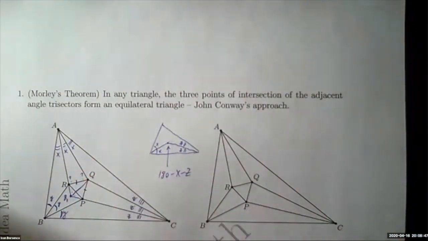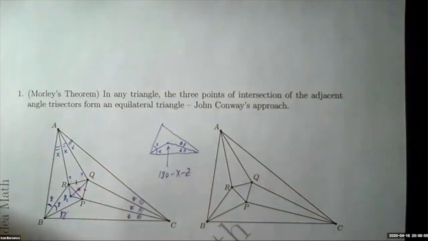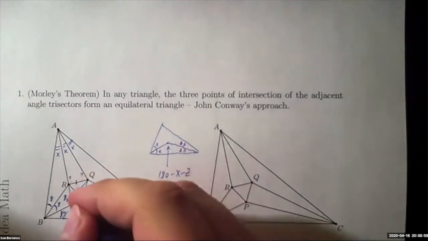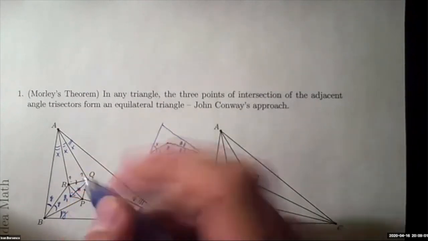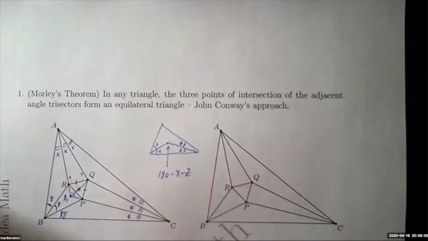And I also know they share the common side B1Q. And oh, it's the incenter, so I know at B they split. Okay, those 2 angles are the same, right? So it's like SSA? It's like SSA, yes.